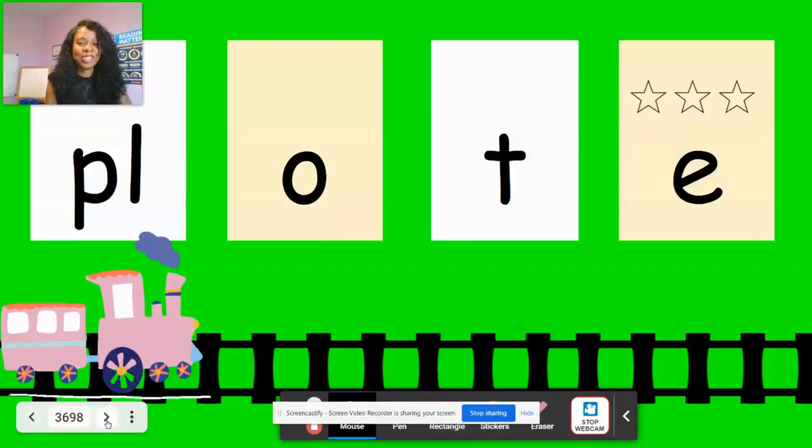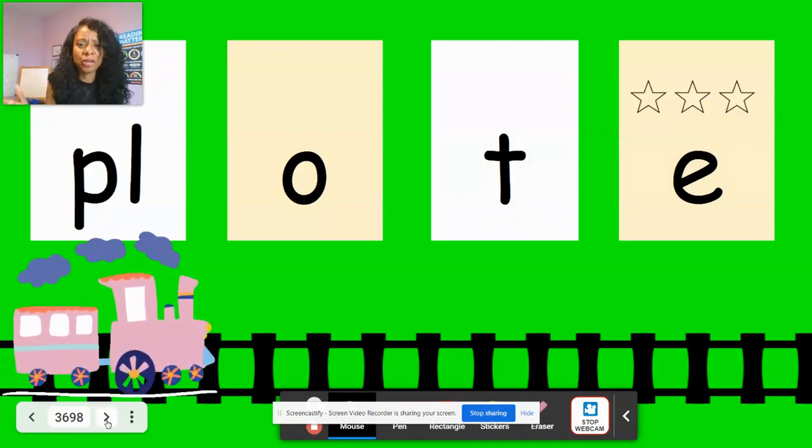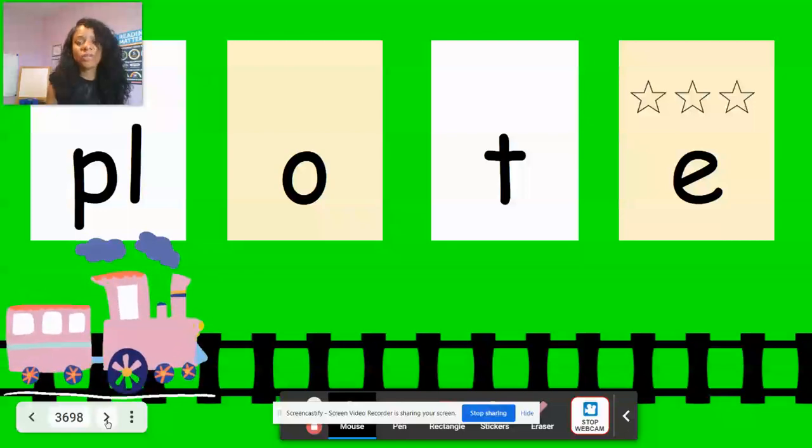Oh, there's another magic E. That magic E is going to hop on over and tap the vowel and say, what is your name? What is the name of your letter? And this is a long vowel sound. So long vowels say the name of the letter. And what vowel do we see here? Is P and L a vowel? No. What about the T? No, that's not a vowel. The O is the vowel.